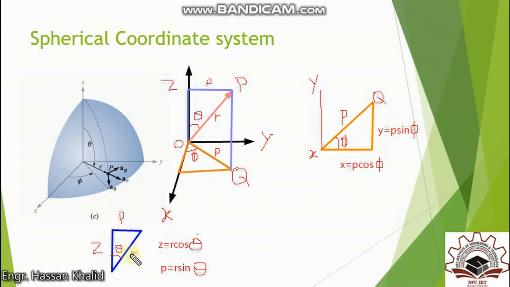Similarly, I can solve the other triangle, O, Z and P, for the angle theta. Z will be equal to r cos theta and rho will be equal to r sine theta. Now I can place the value of rho in these equations in order to get the values of x, y and z.